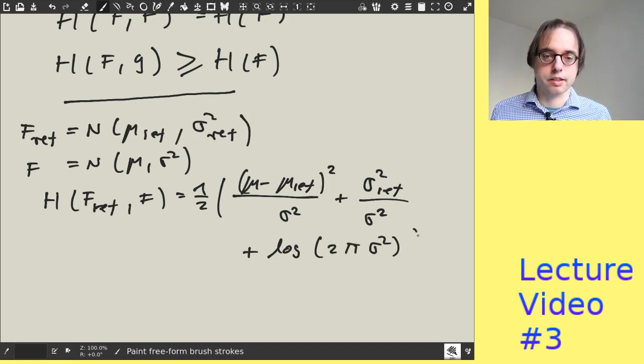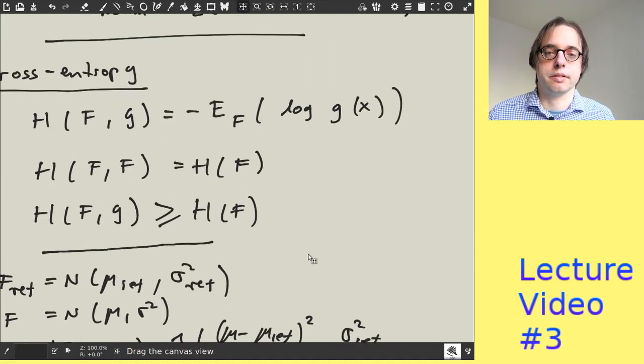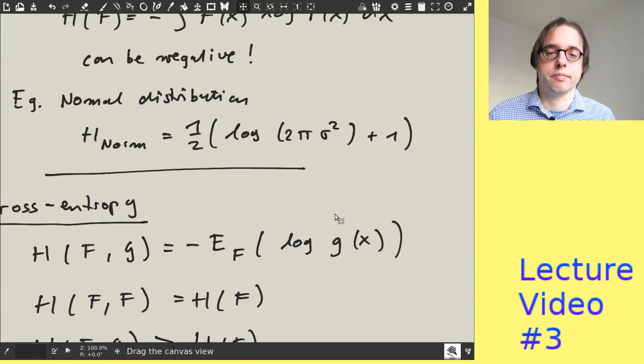So that's the cross entropy. For instance, you see that some of these terms vanish when the means are the same or when the variances are the same. And if the variance and the mean are the same, then this becomes, of course, the entropy that we have seen here.